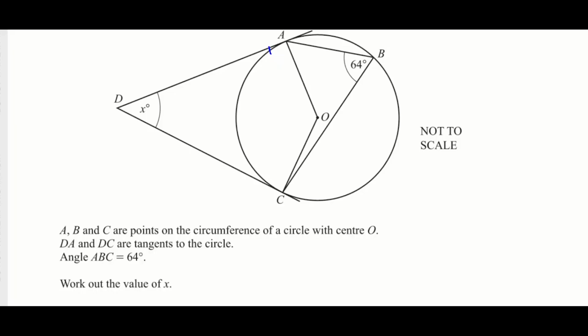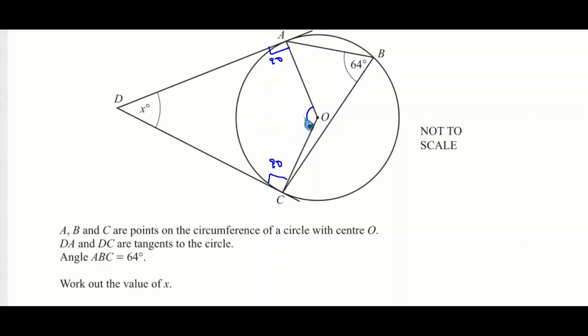We know that this is 90 degrees, according to a theorem: the angle between the tangent and the radius is 90 degrees. So equally, we have 90 degrees here. That means these two angles are supplementary, they must add up to 180 degrees.